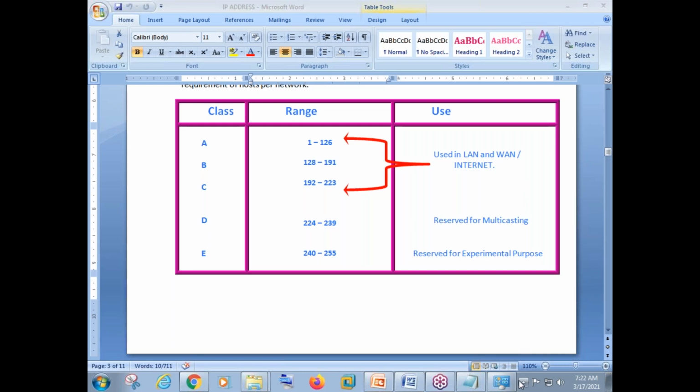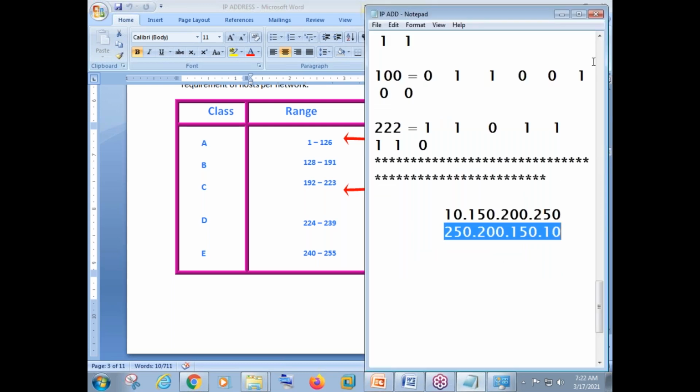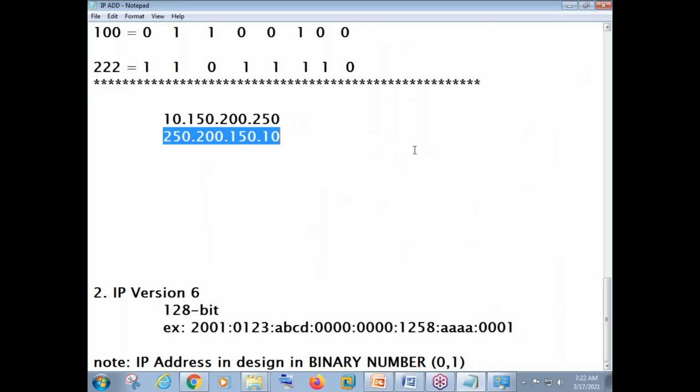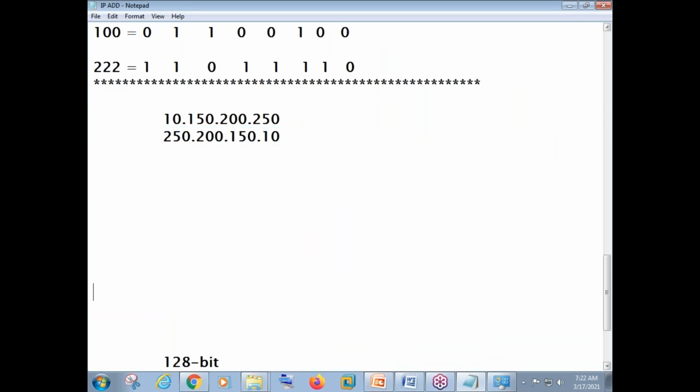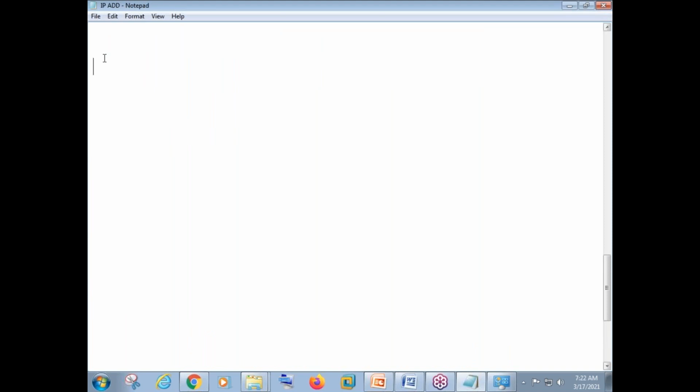Okay, so there is an answer for this, and the answer is again in binary. For this, what we have to do is convert some numbers from decimal. So I'll just take these numbers: 0, 1, 127, 128, 191, 192, 223, 224, 239, 240, 255.